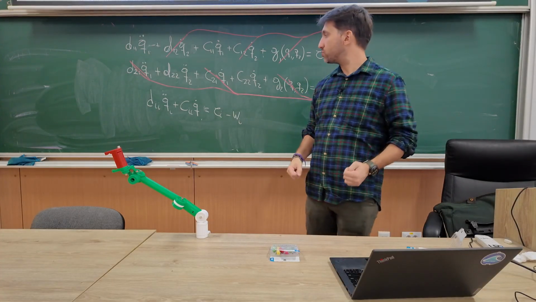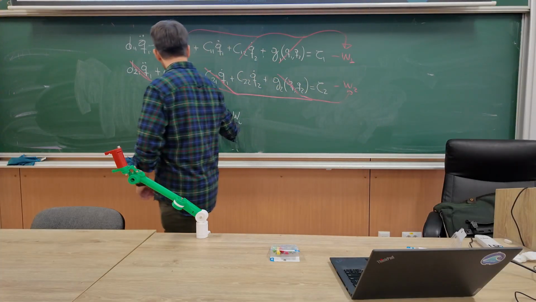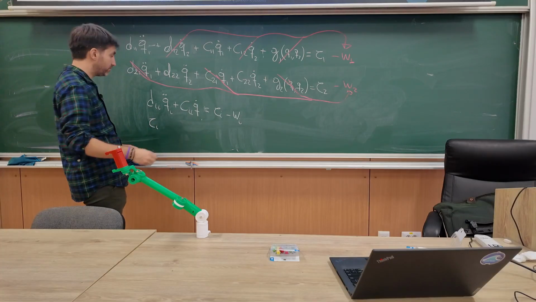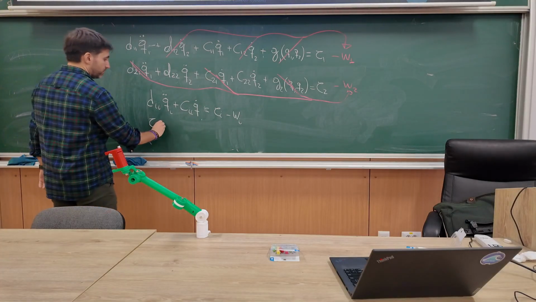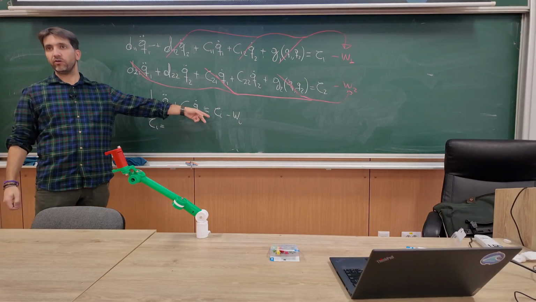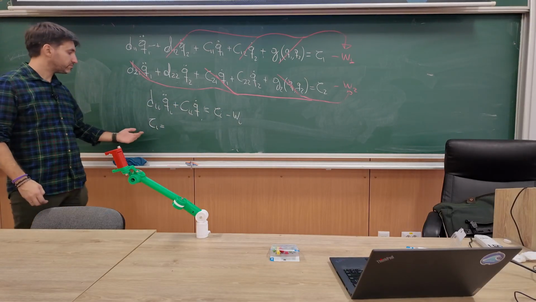So what would be the closed loop form? Basically, I have to say, how do I calculate this tau i? This is my controller output, the process input.